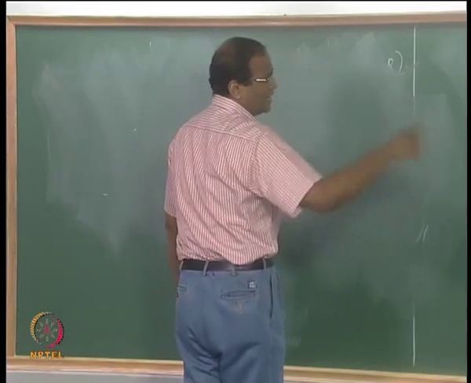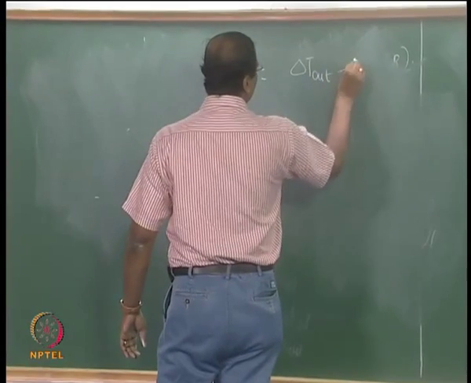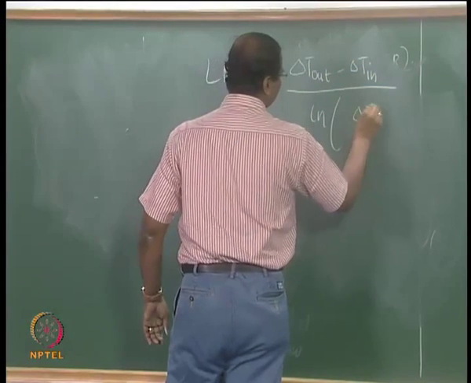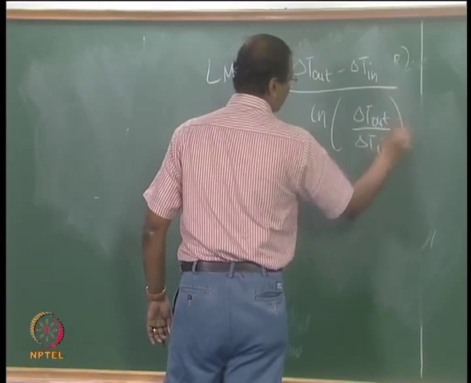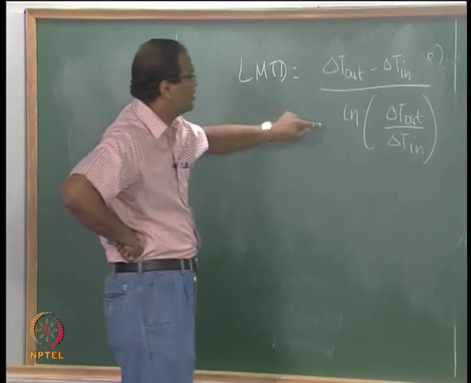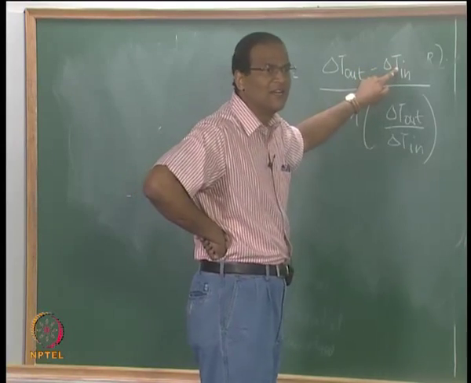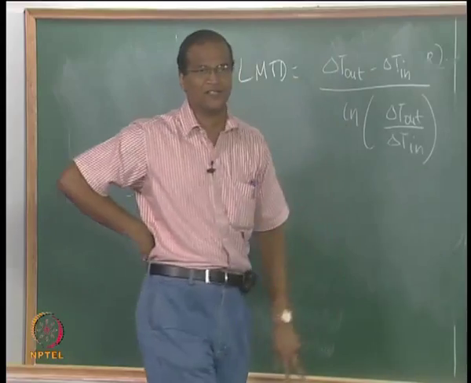Basically here it is delta T in, here it is delta T out. So the log mean temperature difference is delta T out minus delta T in divided by log of delta T out by delta T in. It is the temperature difference at one end of the heat exchanger minus the temperature difference at the other end divided by the logarithm of the ratio of these two temperature differences.